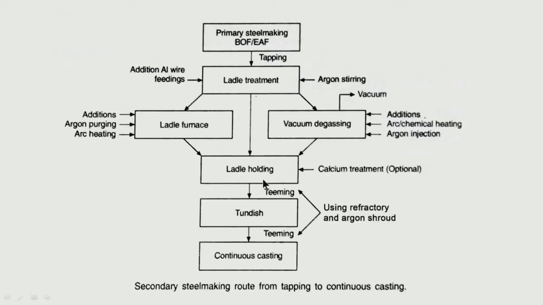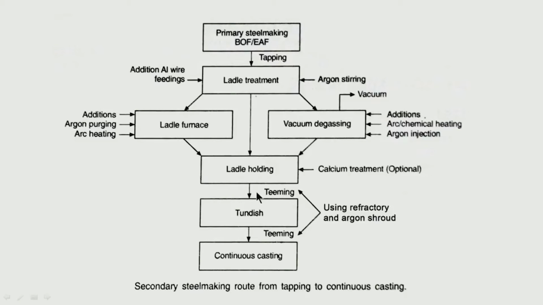Now, we have to again do teeming, that means the liquid steel in the ladle should go into the tundish. At this stage some refractory nozzle is necessary, because of whatever care we have taken in enhancing the quality of steel and controlling the inclusions, particularly oxide inclusions. What is going to happen if we do an open teeming?